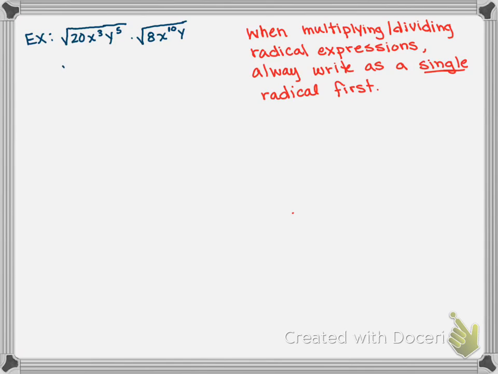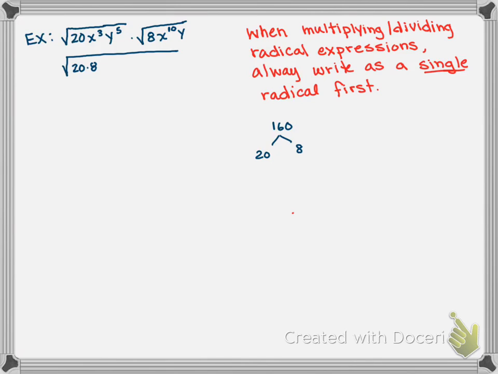So I'm going to put everything under one radical and combine things as necessary. So I'm not actually going to do 20 times 8. I'm just going to write it as 20 times 8. And the reason for that is that the next thing I'm going to do is the prime factorization, right? So if I was doing the prime factorization of 160, I could be like, oh, 160 is 20 times 8, and then break down 20 and 8.